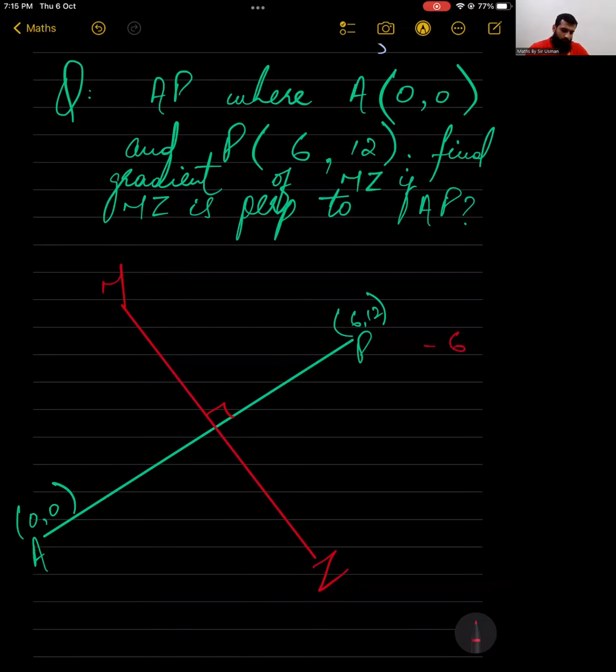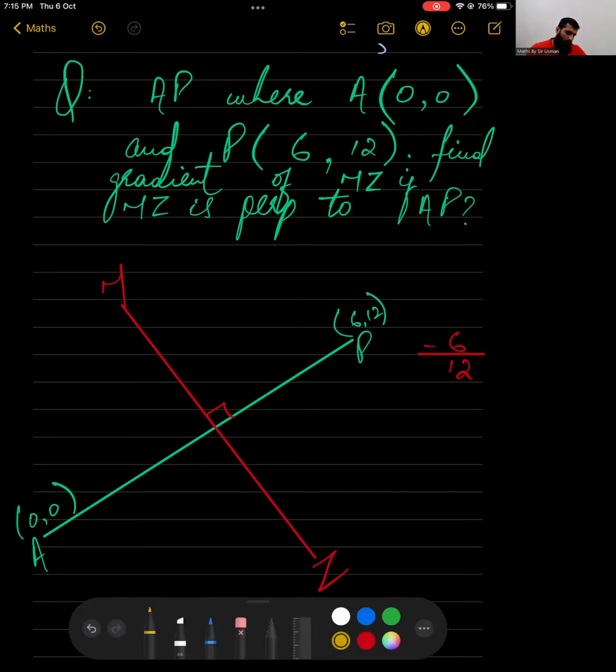-6/12. Mina, can you figure out the gradient of AP? When you find the gradient, this is going to be x1, y1 and this would be x2 and y2.